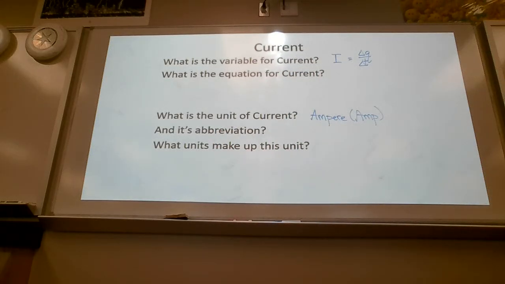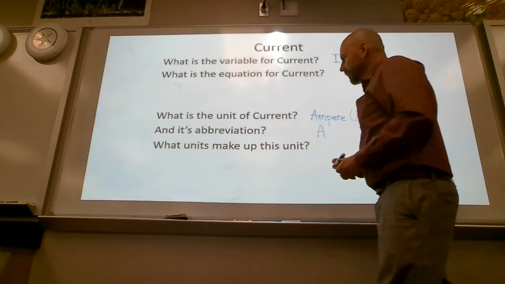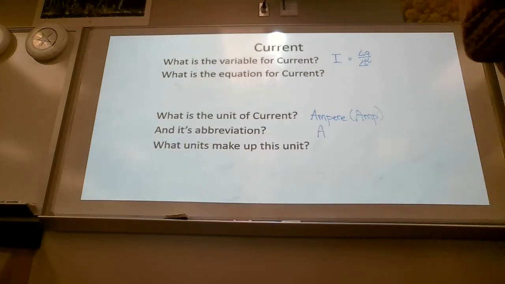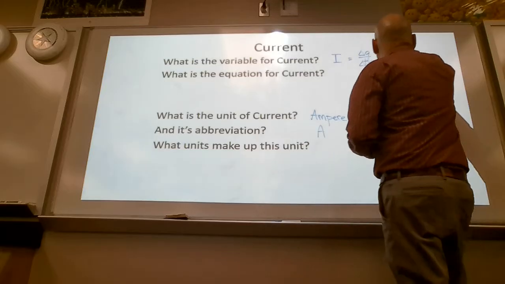Short for amp. So this is different than the amp that you plug your electric guitar into. That would be an amplifier. This amp is short for ampere. The symbol for amps is a capital A. So where does that unit come from?